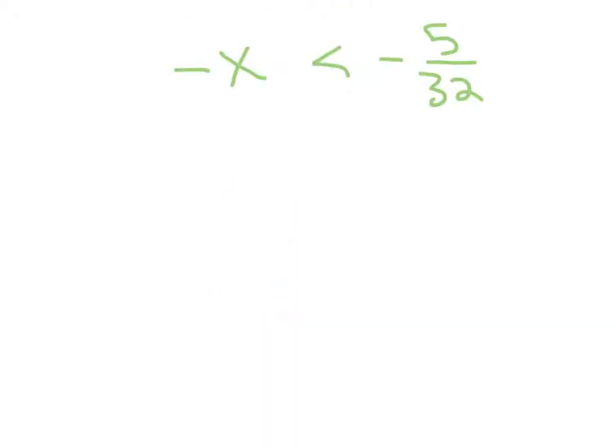But sadly, this cannot be completed in the way it currently is because there is still a negative sign. But luckily, that negative sign is linked to a 1. So this -1 is being multiplied by x, which is causing x to be negative. So to get rid of that negative sign, you divide both sides by -1.